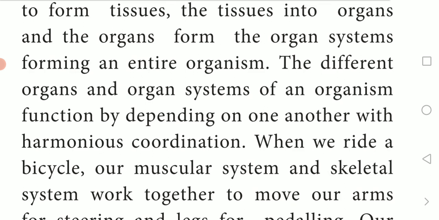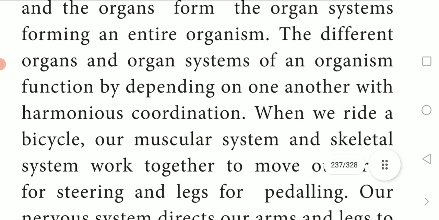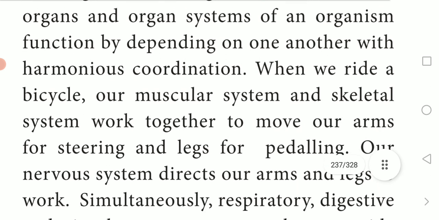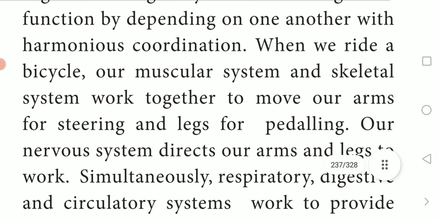Hormones are a type of chemical substance. When we ride a bicycle, our muscular system and skeletal system work together to move our arms for steering and legs for pedaling. I hope you all know how to ride a bicycle, isn't it?